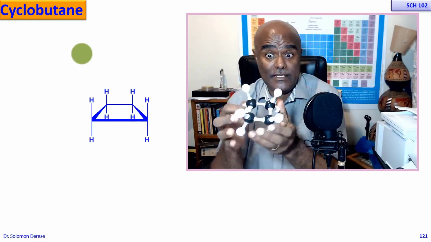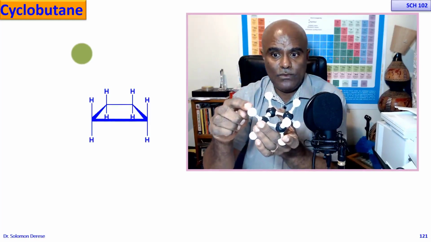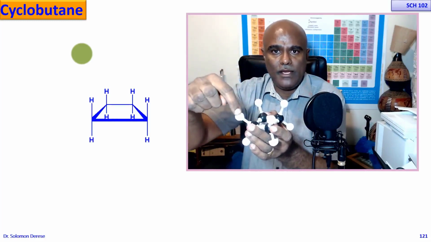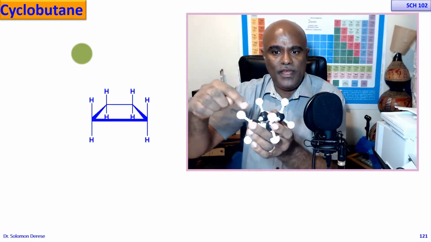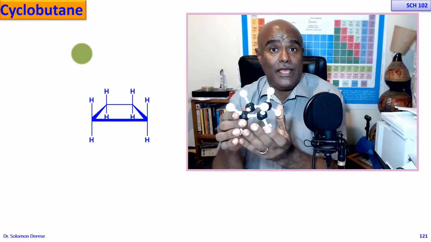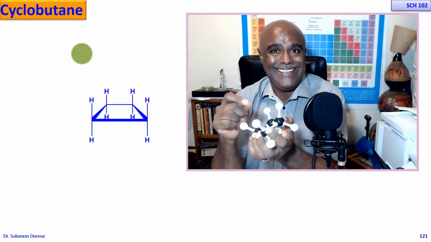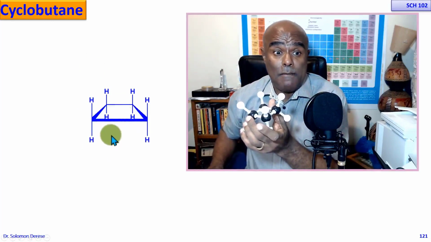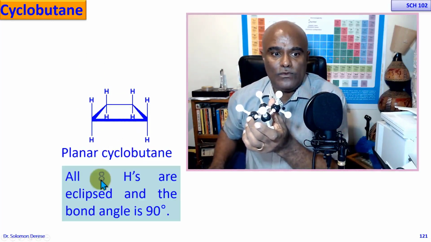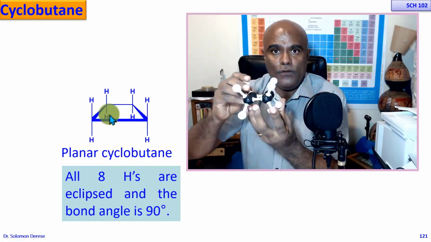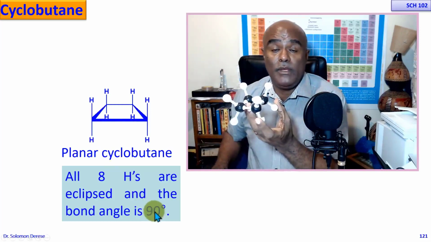And since it is planar, this one eclipses this one eclipses this one, so all the hydrogens on the neighboring carbons, on the top side as well as the lower side, are eclipsed. Bond angle of 90 degrees, different from the ideal 109.5 degrees. All 8 hydrogens are eclipsed: 1, 2, 3, 4, 5, 6, 7, 8, all of them eclipsed, and the bond angle will be 90 degrees.